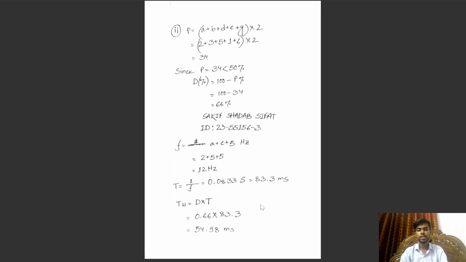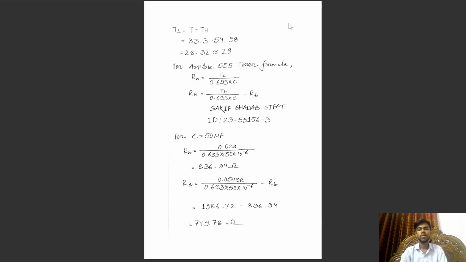So to calculate the high TH, it would be D multiplied by T, and from the values we got, D is 66%, which is 0.66 multiplied by 83.3, which is 54.98.